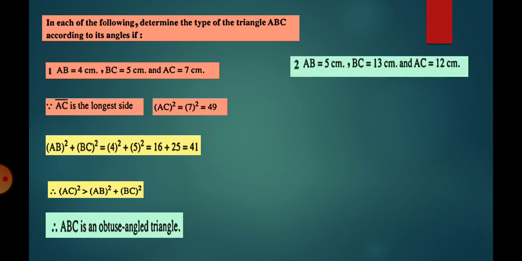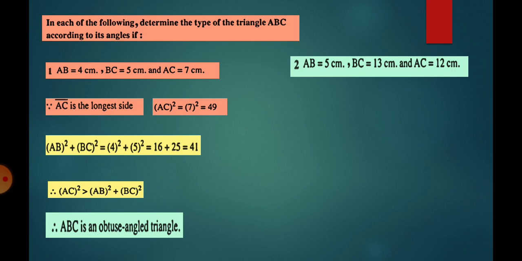Number 2: AB is 5, BC is 13, and AC is 12. The longest side is BC, so we find BC power 2. BC power 2, 13 to the power 2, equals 169.